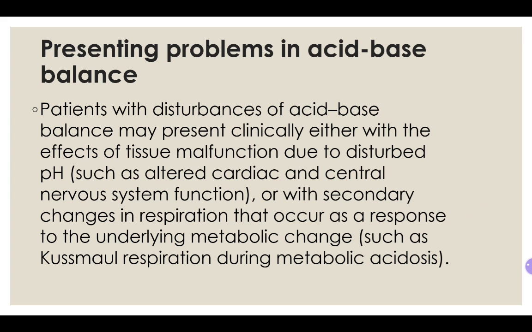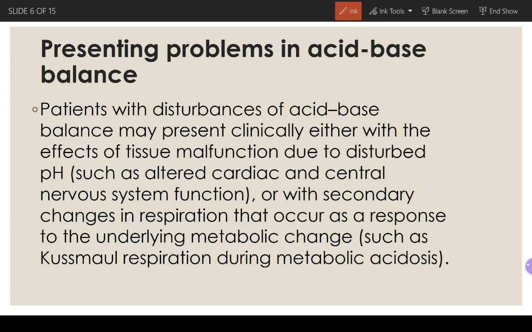Patients with disturbances of acid base balance may present clinically either with effects of tissue malfunction due to disturbed pH, such as altered cardiac and central nervous system function, or with secondary changes in respiration that can occur as a response to the underlying metabolic change, such as the Kussmaul respiration during metabolic acidosis. So as I told you, any metabolic change can lead to a secondary respiratory change, right? So these can be the presenting problems.